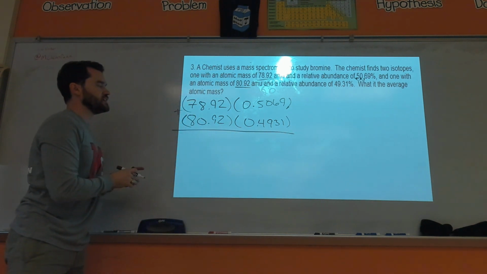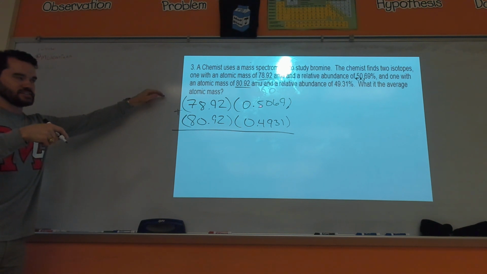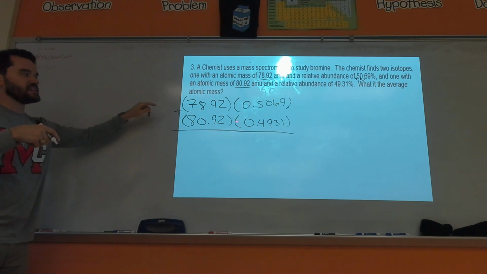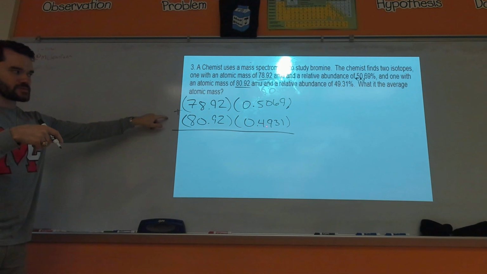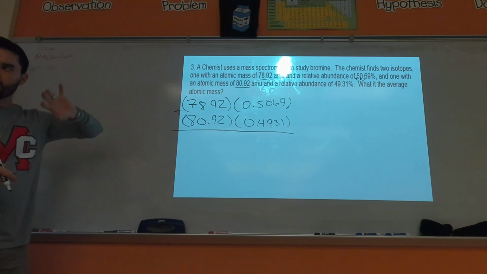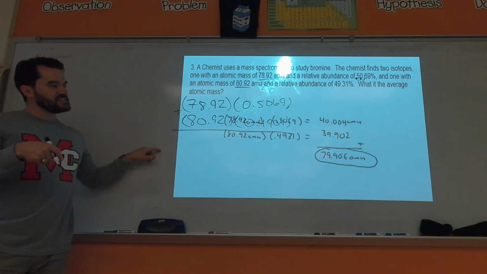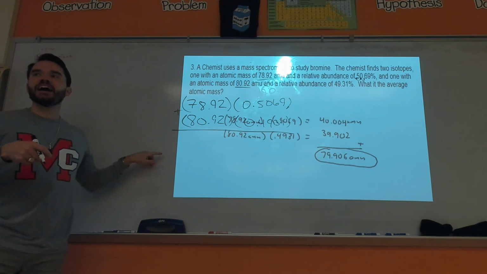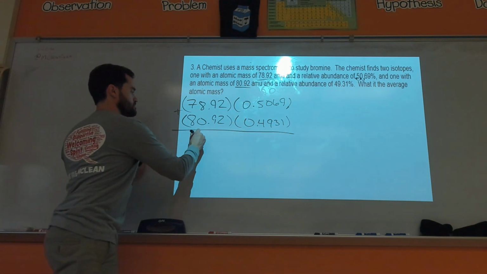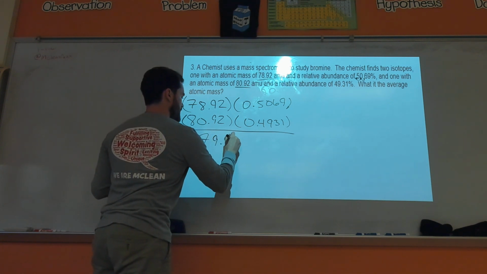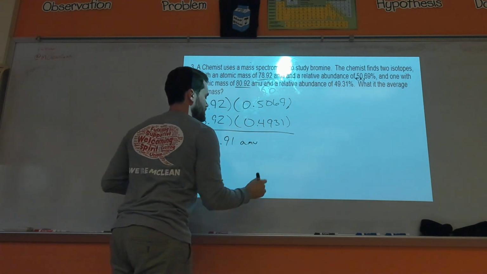So your answer would be 78.92 times this plus 80.92 times 0.4931. You run that through your calculator, and you should get 79.91, and then AMU, atomic mass units.